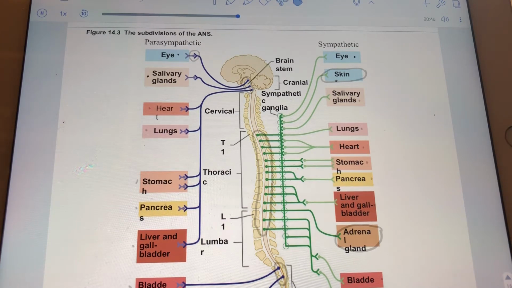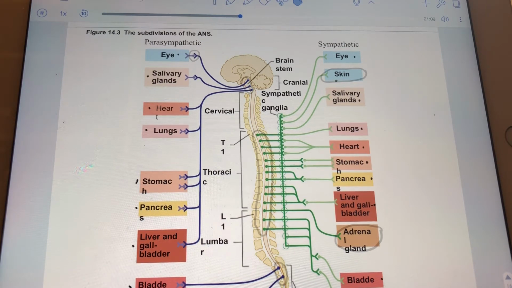The salivary glands show up on both sides. The heart shows up on both sides. The stomach shows up on both sides. The lungs show up on both sides. Pancreas, both sides. Liver, gallbladder, both sides. The bladder, both sides. The genitalia, both sides.